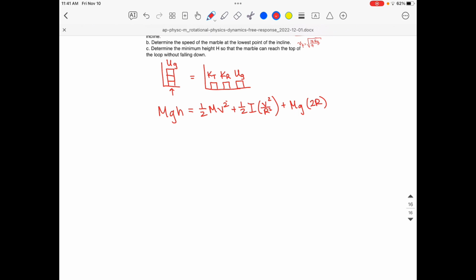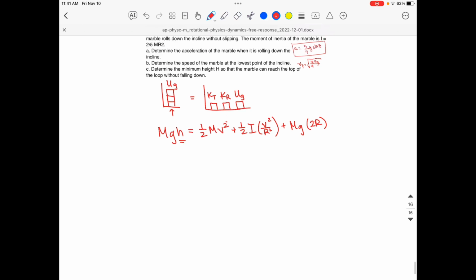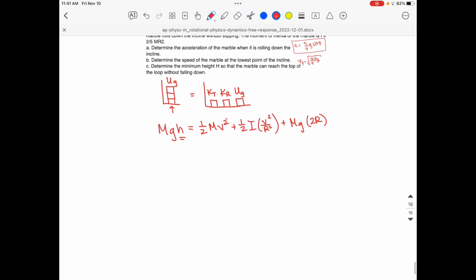Okay, so from there, we are going to try to identify the height. So we're going to simplify all of this down. I'm going to keep the inertia at the center of mass here, which is 2/5 mr squared. So I'm going to plug that in. Let me make that a fraction. And there's going to be a lot of stuff that we can cancel out.